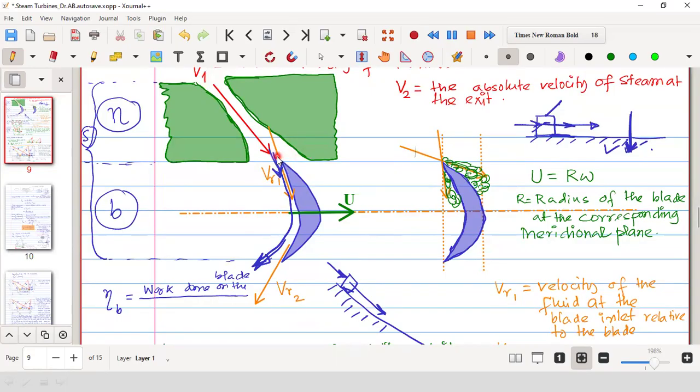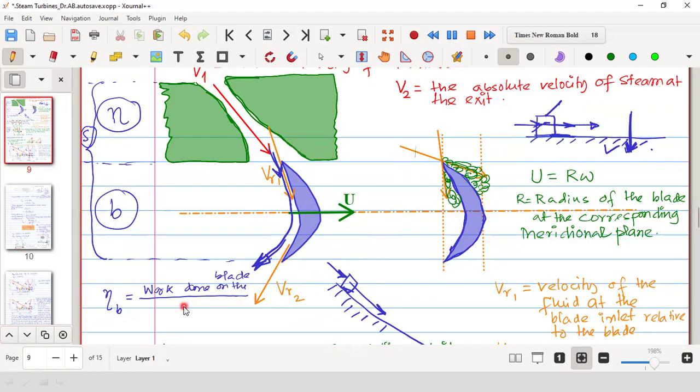At this point, high kinetic energy was available, but the total kinetic energy is not converted to the rotation of the blade. Some of the kinetic energy was still there even after the steam has left the blade. So the remaining energy was supplied to the blade.